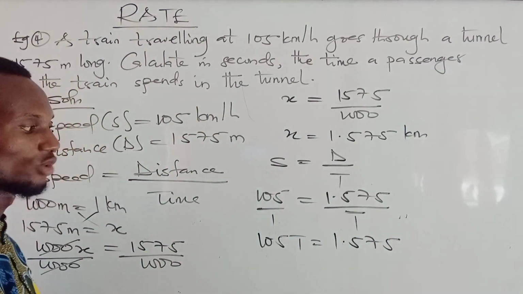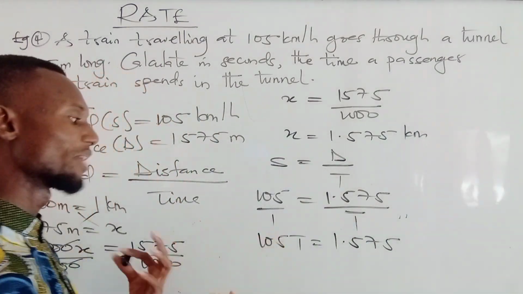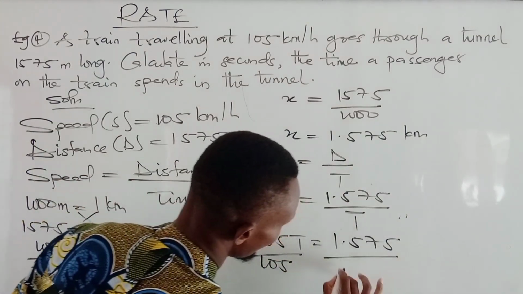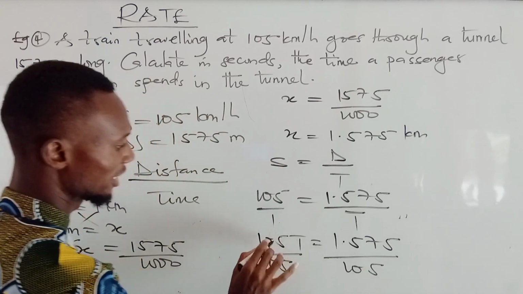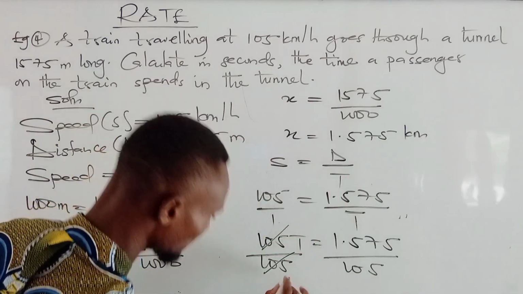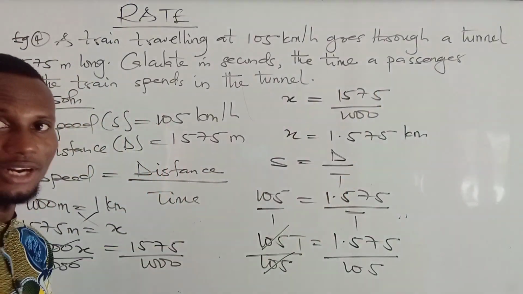It will give you 1.575. To get my t, I'll divide through the equation by 105, here and here also by 105, so that this and this can cancel. Let me continue from this side so that you can see it.